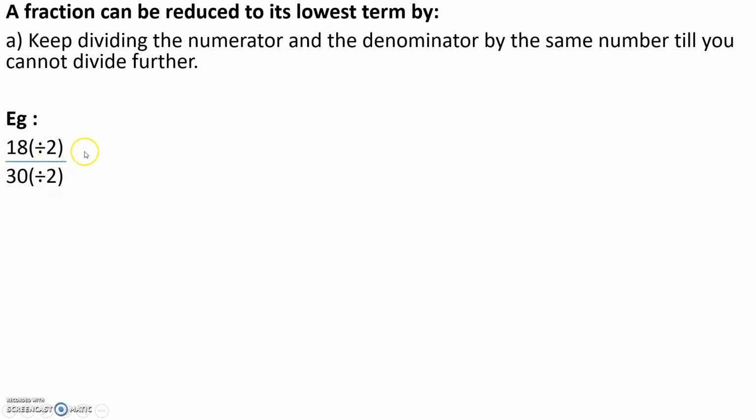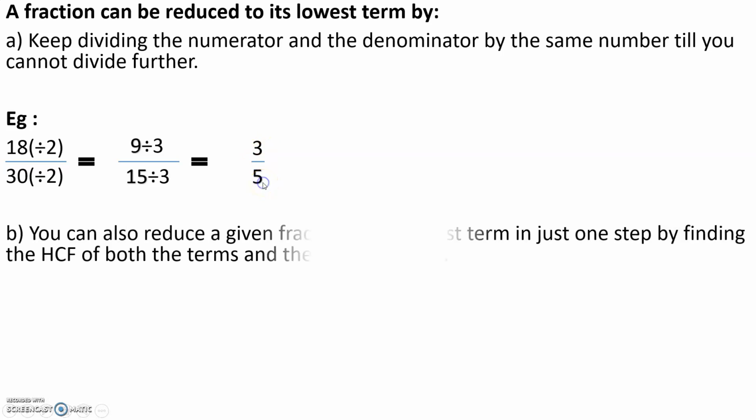As we know, 2 nines are 18 and 2 fifteens are 30. So here we got the answer as 9 upon 15. Now see, 9 and 15 come in the 3 ka table, so I divided both by 3. We got 3 threes are 9 and 3 fives are 15. So the answer is 3 upon 5.